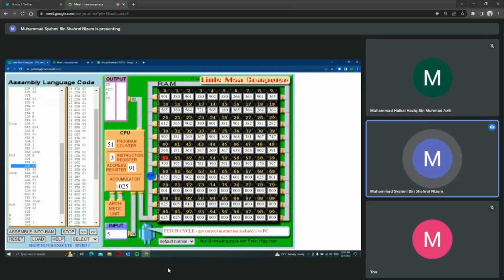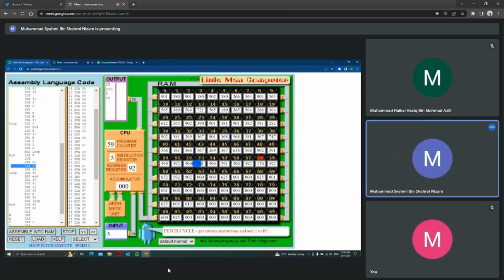We reset the accumulator first, and we store the value from address 92, which is after the value of C minus D times E. So we load the 90 value, which is here.